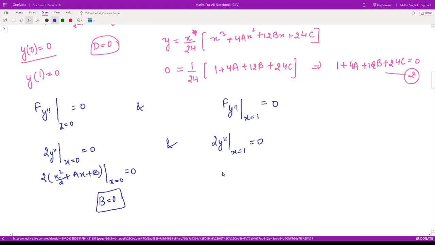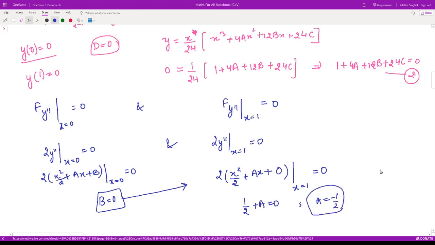Moreover, here also I have 2 into x square by 2 plus ax plus b, and b is 0, right? So this at x is equal to 1 is equal to 0. Let me substitute x is equal to 1 into here. So I have 1 by 2 plus a is equal to 0. So this gives me a is equal to minus 1 by 2. So I have a, I have b, I have d.